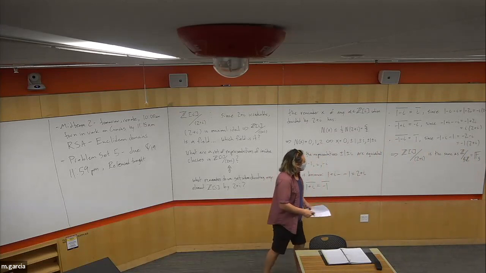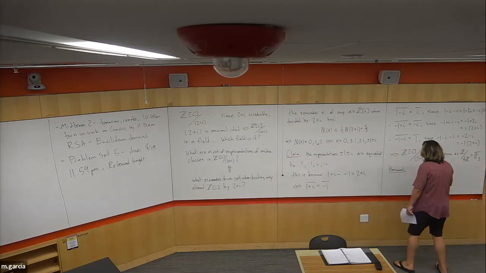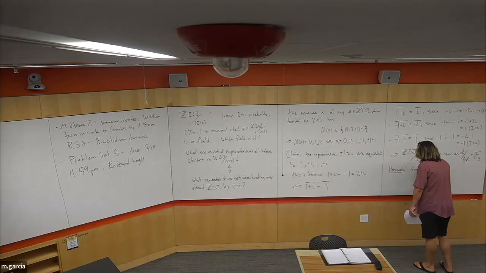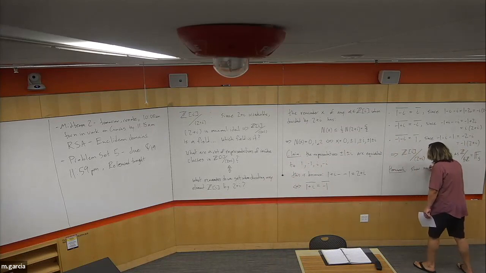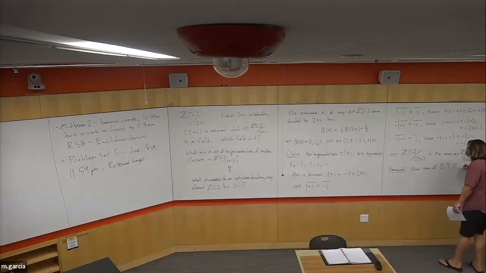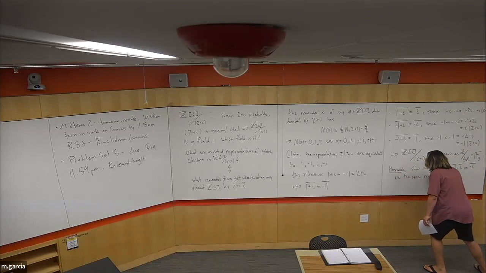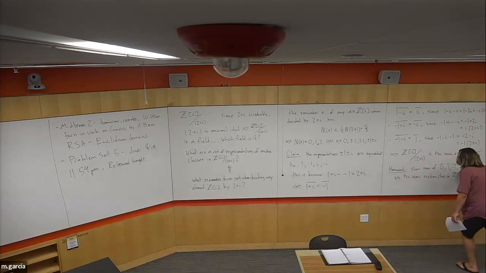Okay, I guess here's a quick exercise. Show none of 0 bar, 1 bar, -1 bar, i bar, or negative i bar are the same residue class in Z[i] mod 2 plus i.